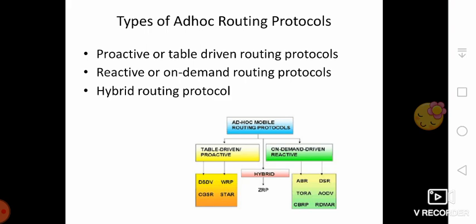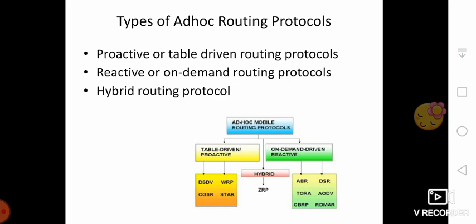Then under the on demand driven reactive we have DSR, dynamic source routing; AODV, ad hoc on demand distance vector protocol; then TORA, temporarily ordered routing protocol; then ABR, associativity based routing. Then first we are going to see about the proactive or table driven routing protocol.